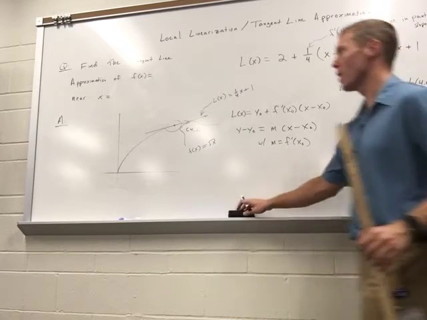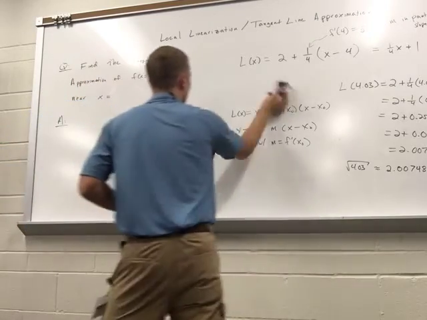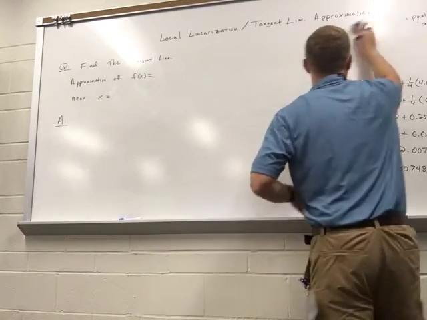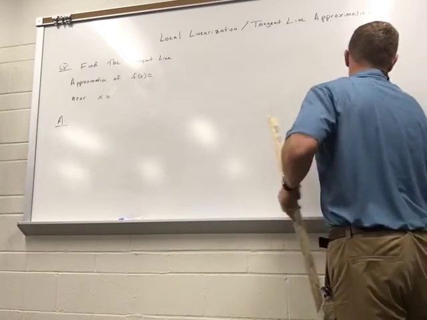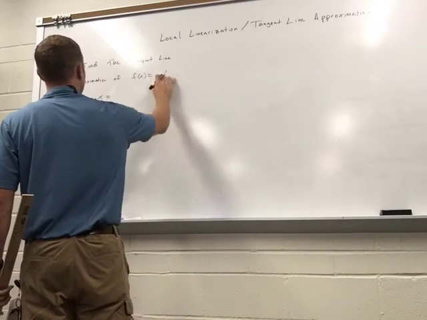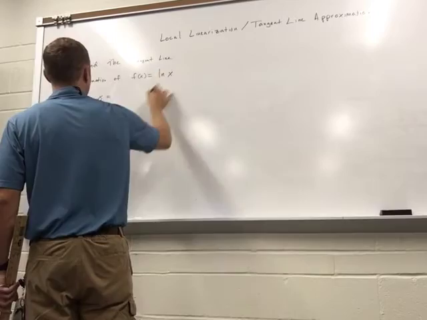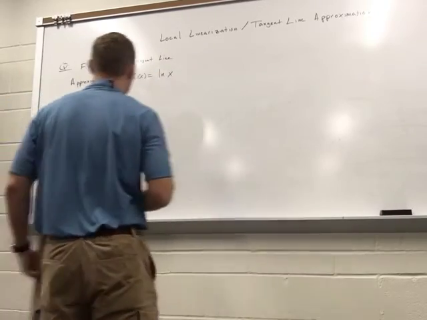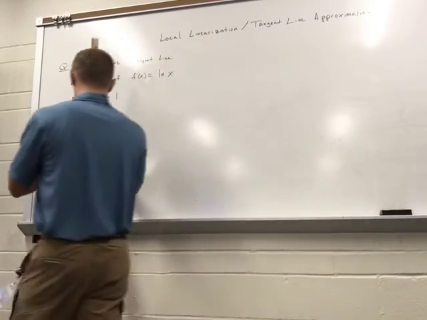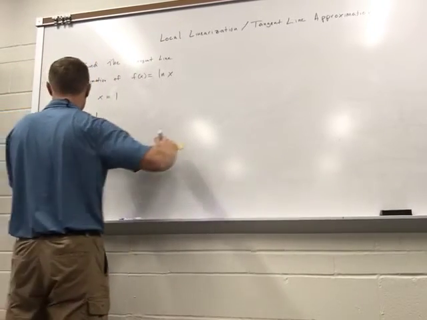Let's do one more example. See if that kind of assuages some fears. Let's find a tangent line approximation of f of x equals the natural log of x near x equals 1. So a quick sketch of said function.